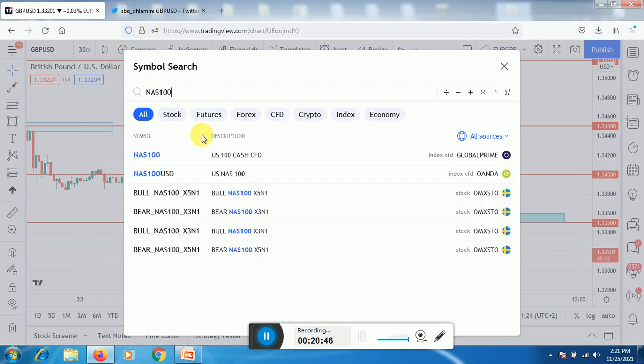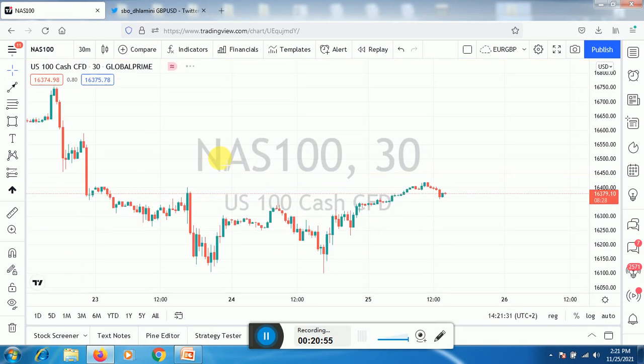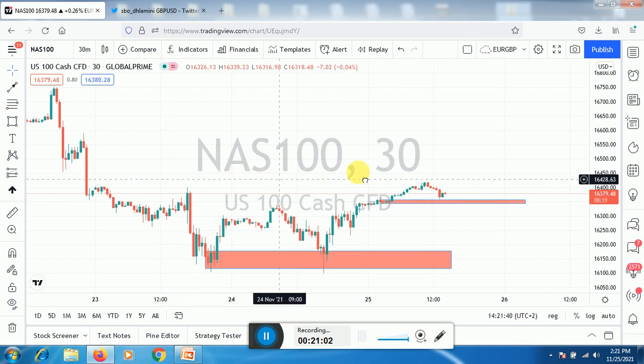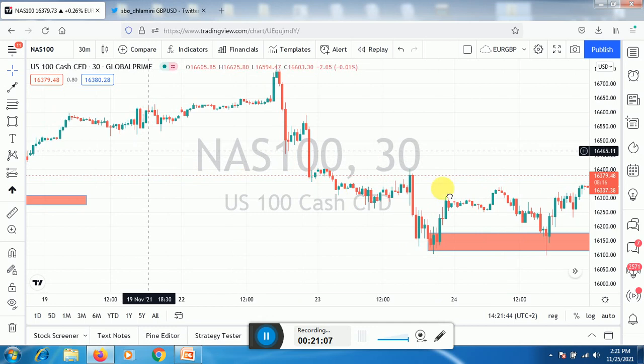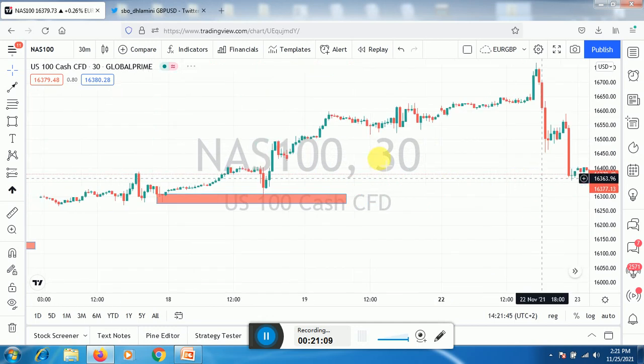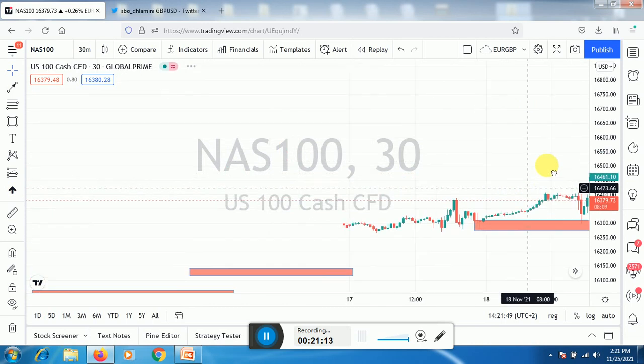We are going to look at the NAS 100 for a bullish signal on a bearish order block. I already put these levels on the chart because I also use these things myself, so I cannot talk about things that I do not use myself.